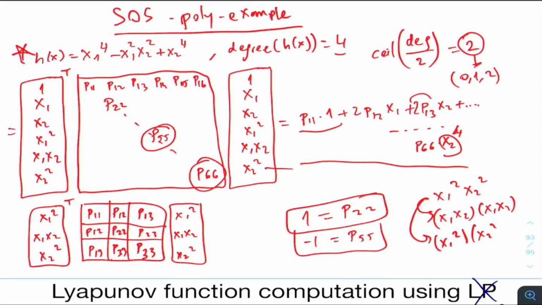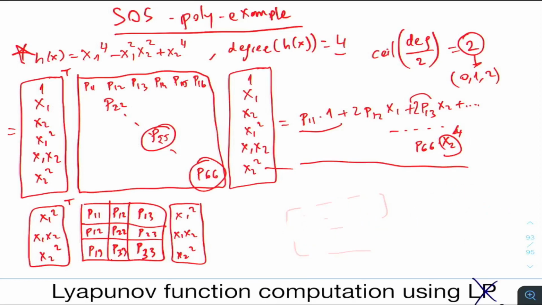You cannot do that because, let me try to explain that again. x1 squared and x2 squared: two ways of doing it. x1 x2 times x1 x2.